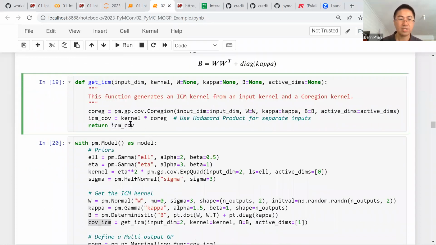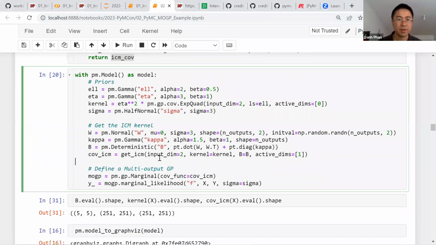And this ICM covariance, if we stack different outputs together, will be the big covariance for all the output data, right? And it will be similar to our single Gaussian processes. So here you can see that we do the same as our previous case for single Gaussian process. We set some prior for our kernel.